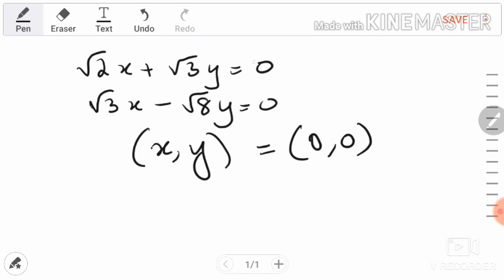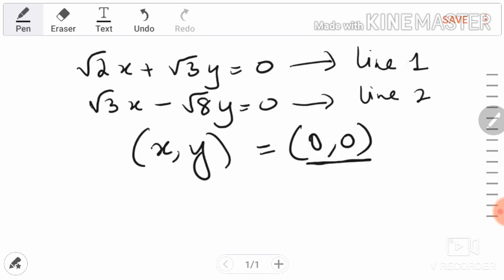What does this mean? This equation represents a line on the graph. The second equation also represents a line on the graph. These two lines have a common point, that is 0, 0, which is the origin. Now at the beginning I told you to notice that the constants are 0.